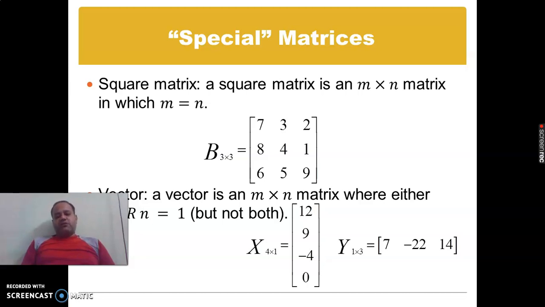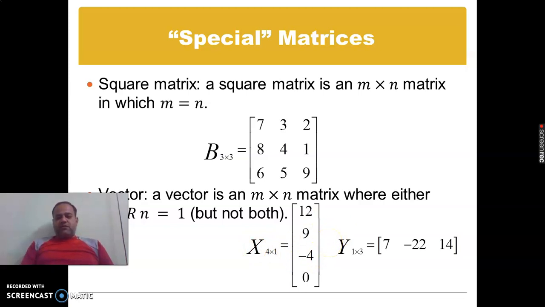Now, just a moment ago we discussed the concept of a square matrix, where the number of rows is equal to the number of columns. So B, 3 by 3, is a square matrix. Now the vector is an m cross n matrix where either m or n is equal to 1 but not both.